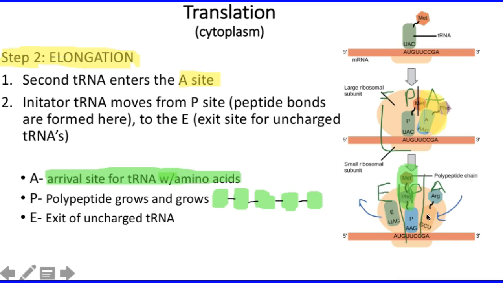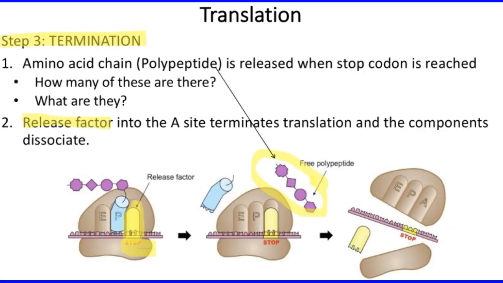So it's going to come in, attach its next amino acid, growing this polypeptide chain, and then it exits out. Then the next one comes in, drops off its polypeptide to grow this chain, and then it exits out. Okay, the polypeptide is going to grow and grow and grow until the very end. Okay, and we'll look at that next step.